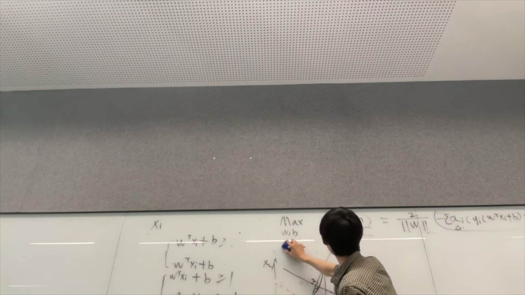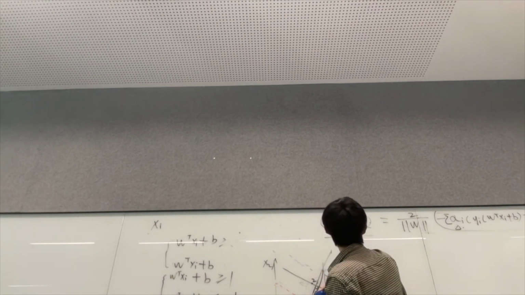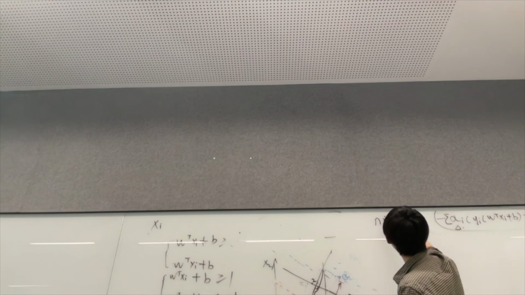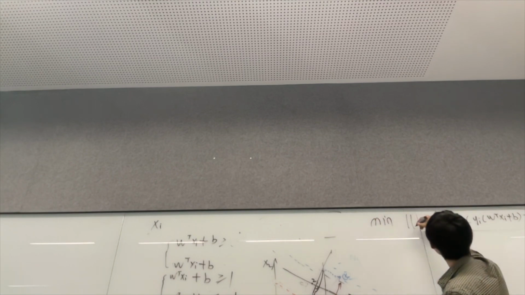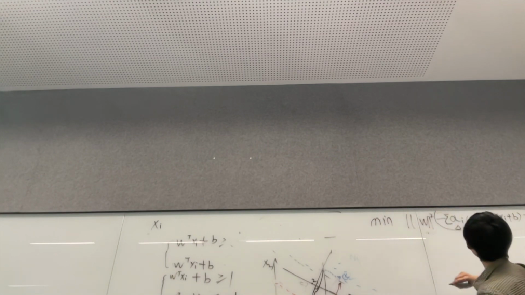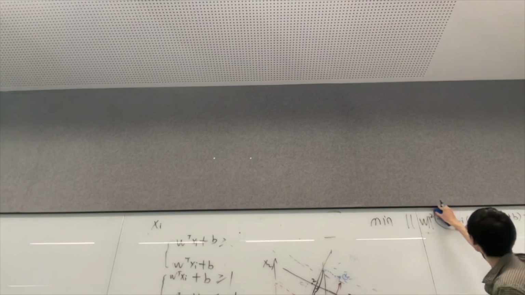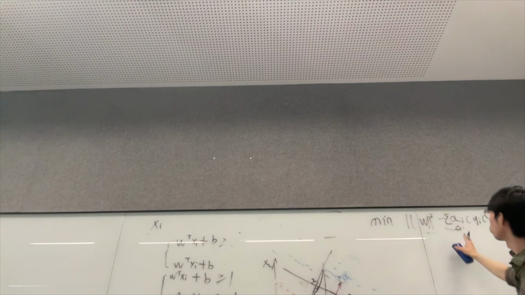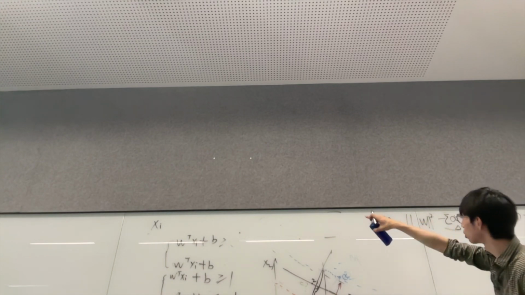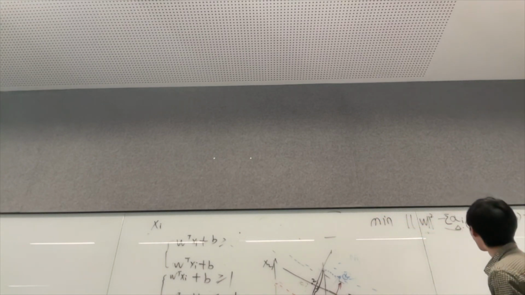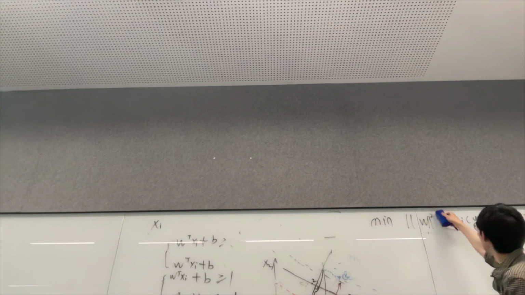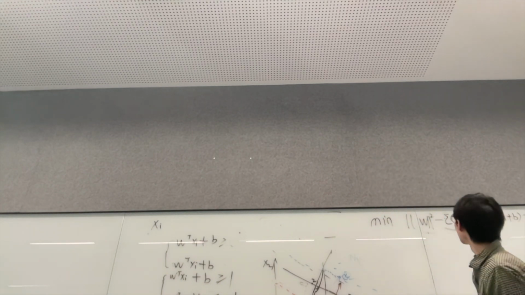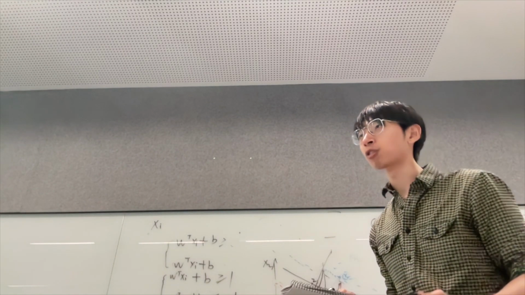Now we can minimize the square, then minus this. If you want to add this multiplier to the maximization, you have to put this minus or plus. Never mind. This is the final form of the support vector machine.